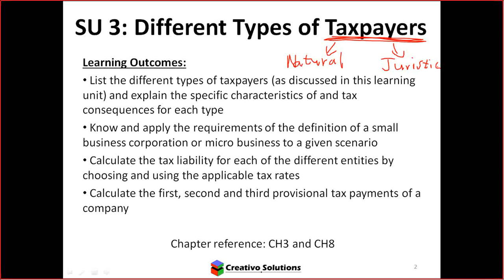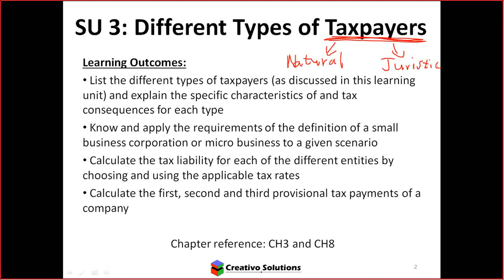Remember, just to paint a bit of a revision picture from last week, we spoke about government and their role. Government's role is to provide public goods and services to the people in the country. Okay, that's what they're required to do. Government needs resources to do that. So what do they do? They go and they create SARS, which is a separate institution.